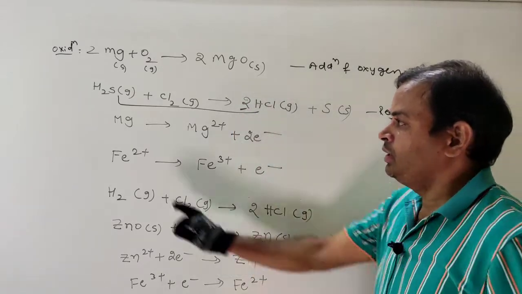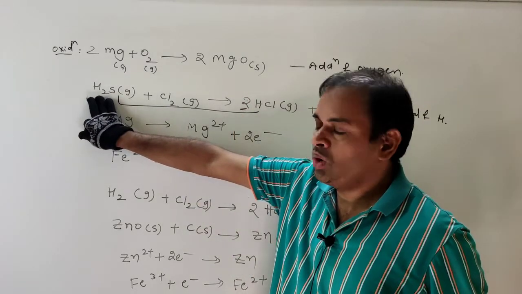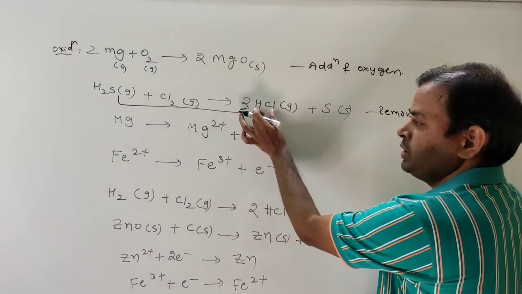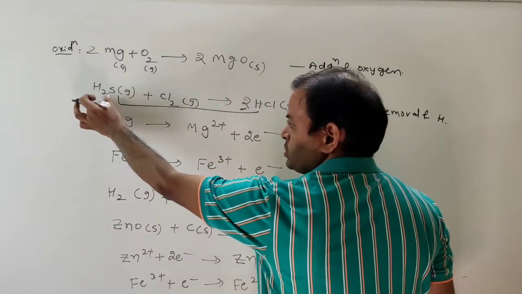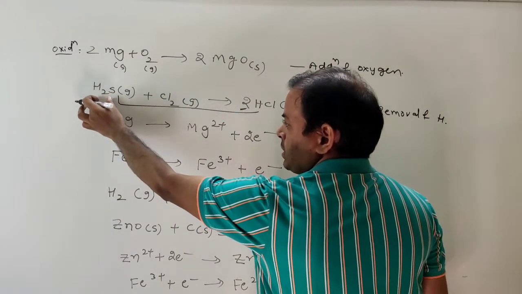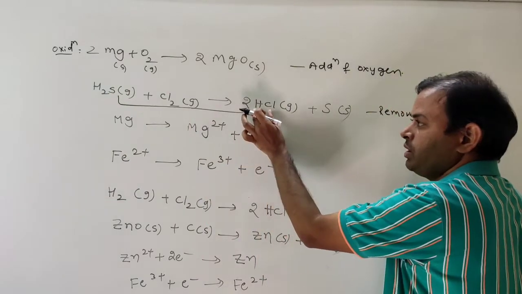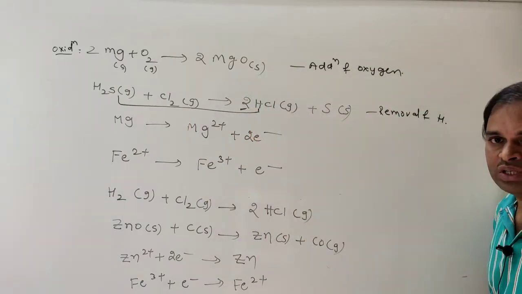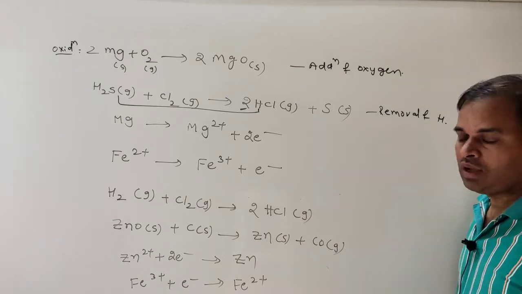But the compound H2S has 2 hydrogens, whereas the compound HCl has only 1 hydrogen. That means 1 hydrogen is removed. So removal of hydrogen is oxidation.